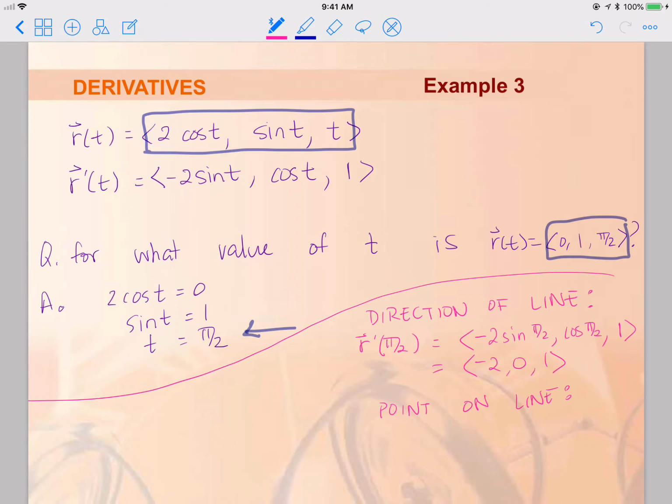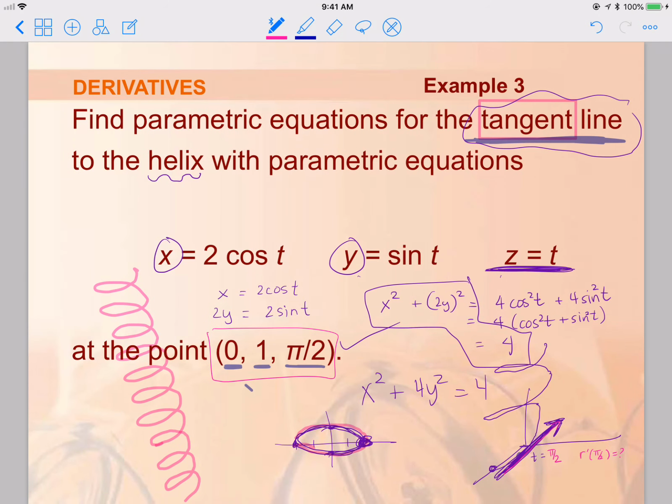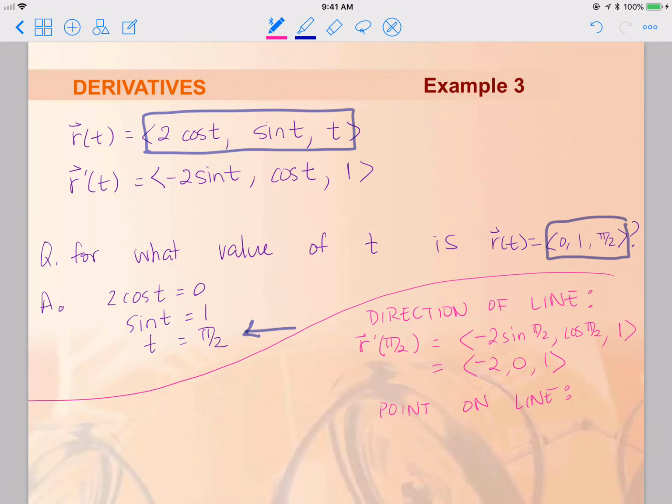What is the point? 0, 1, pi over 2. So our equation for the line is going to be 0, 1, pi over 2 plus t times negative 2, 0, 1.